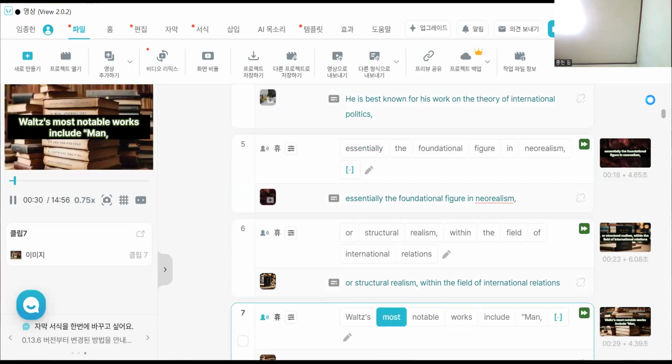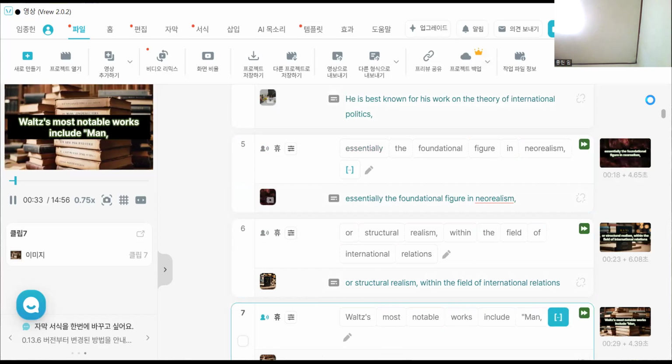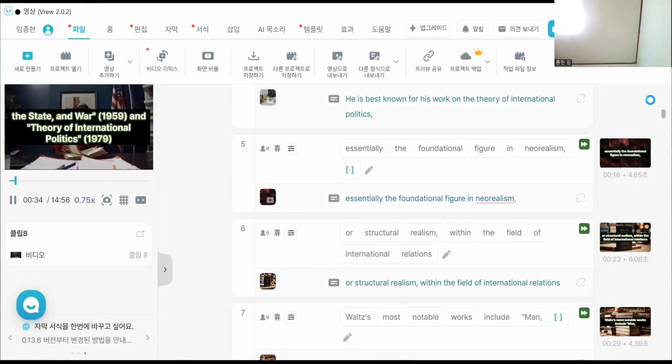Waltz's most notable works include Man, the State and War, 1959, and Theory of International Politics, 1979.